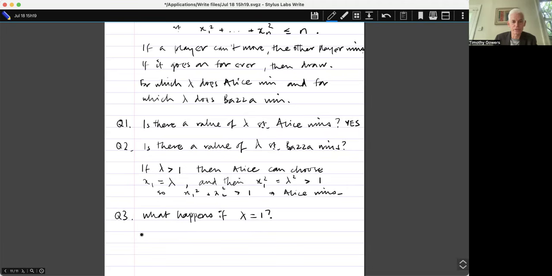I'll just write it like this. This means Alice chooses 1, and by implies, I mean that it's forced if Bazza doesn't want to lose straight away. Wait a minute, why did I say that? Scratch that.